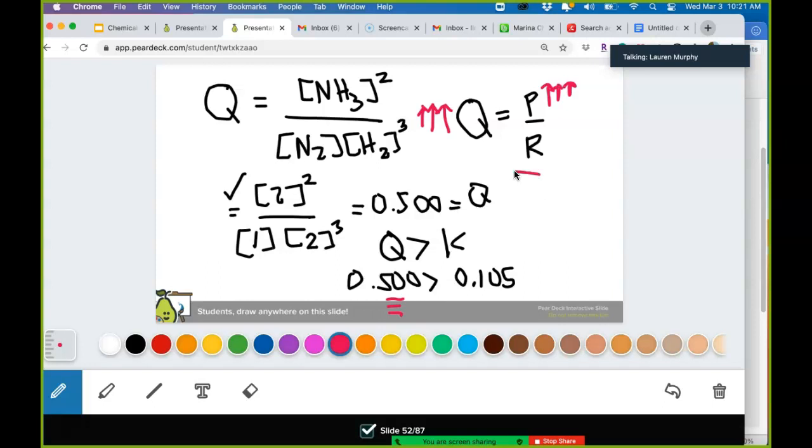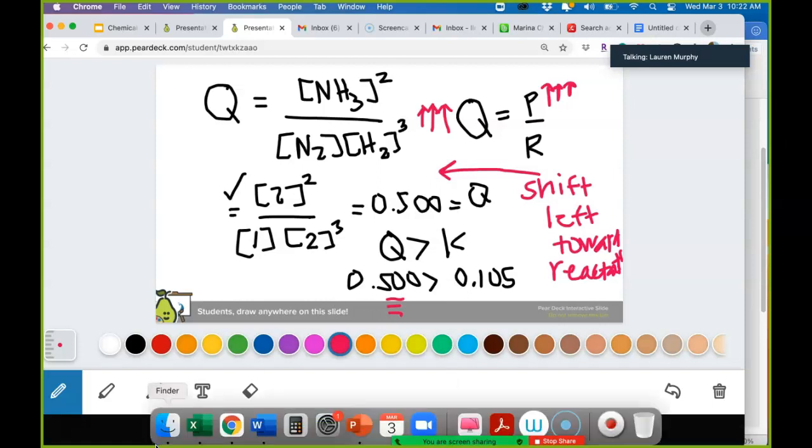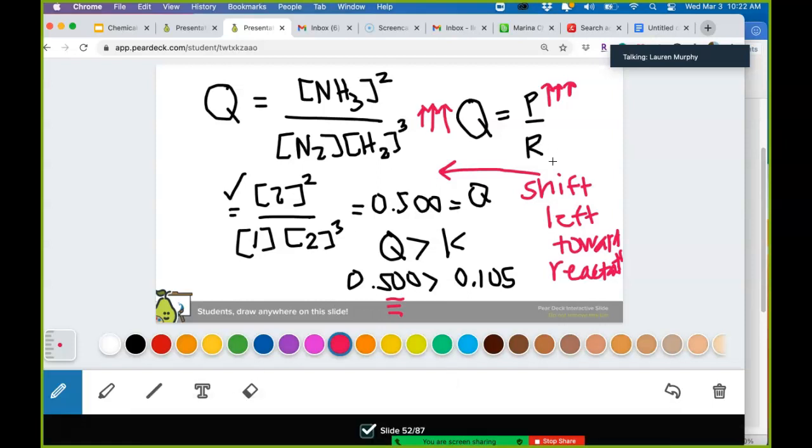It will want to shift to the left, or towards the reactants, to reestablish equilibrium. And it will do that until your reactants go up so high that the Q gets smaller and smaller until it reaches 0.105 and equilibrium is reestablished.